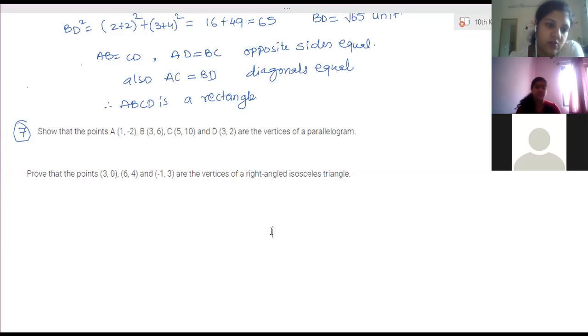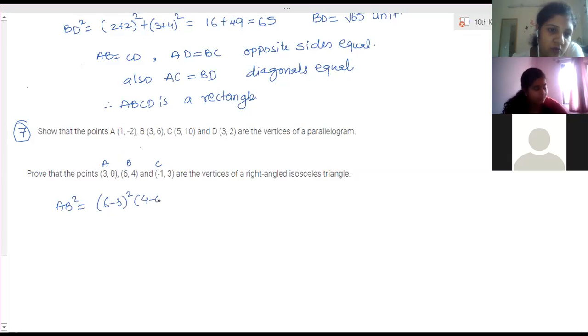Consider this as point A, this as point B, and this as point C. So AB square is equal to (6 minus 3) whole square plus (4 minus 0) whole square. 6 minus 3 is 3, square is 9, plus 16, which is 25. So AB is equal to square root 25, which is 5 units.